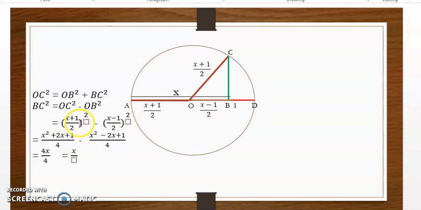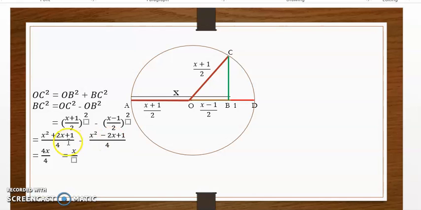So ((x+1)/2) whole square has denominator 2 square, 4, and numerator (x+1) whole square, that is x square plus 2x plus 1. Using the identity (a+b) whole square, minus (x-1) whole square, that is x square minus 2x plus 1, and the denominator is 2 square, 4.